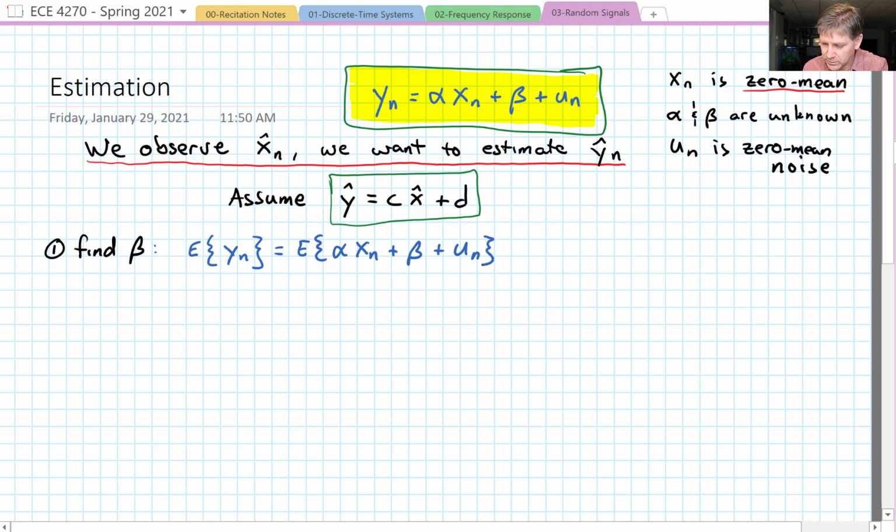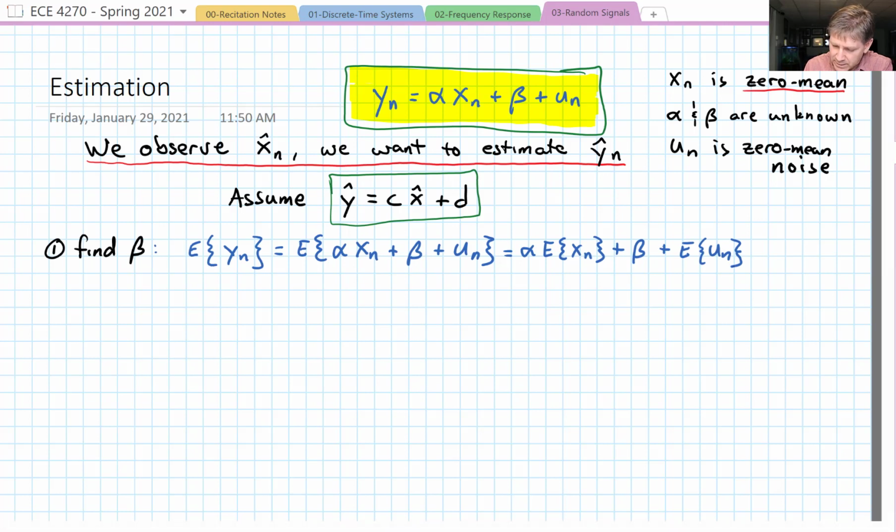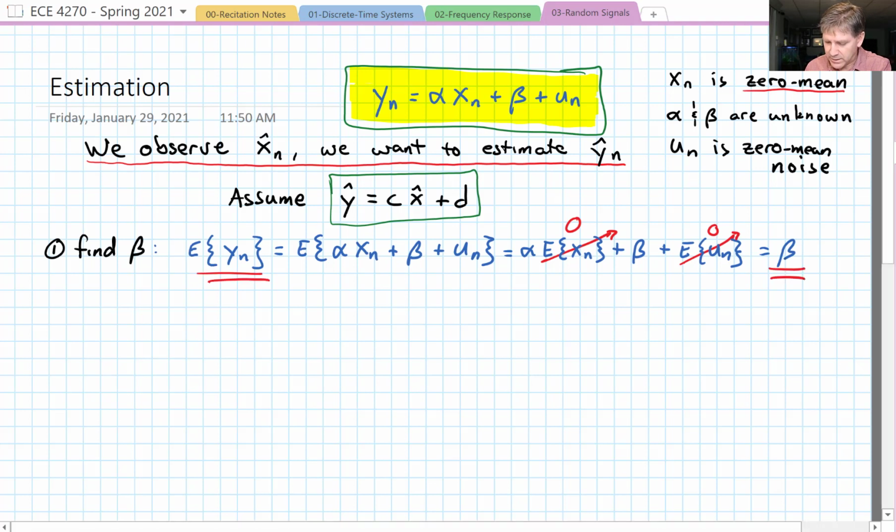The noise is also uncorrelated with x. That doesn't matter here, but it will later. So we get alpha times the expected value of x, plus the expected value of beta, which is beta, plus the expected value of the noise. From above, we know that x is zero mean and noise is zero mean, so we just get beta. So the expected value of y gives us our beta. We can't do anything with it yet, but that's a good start.